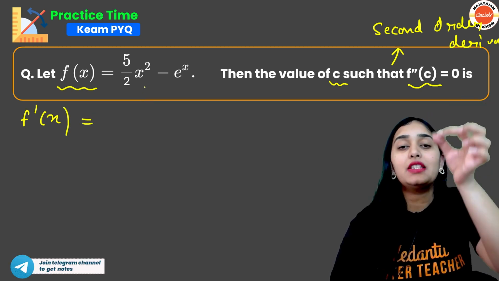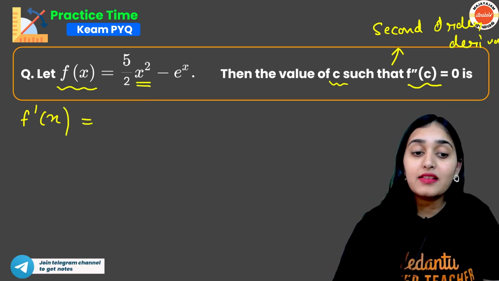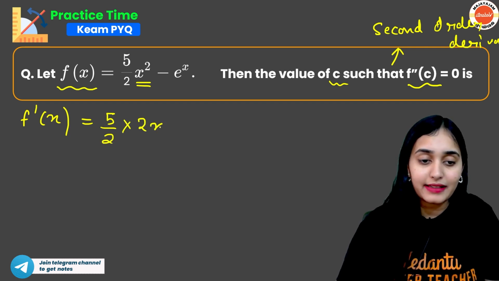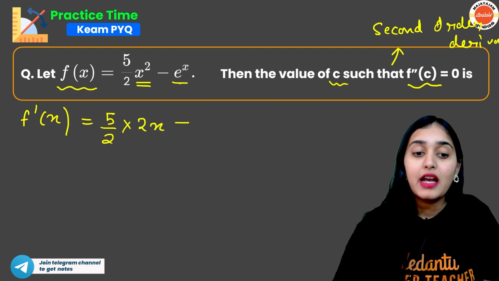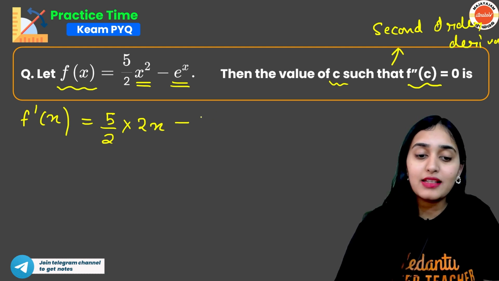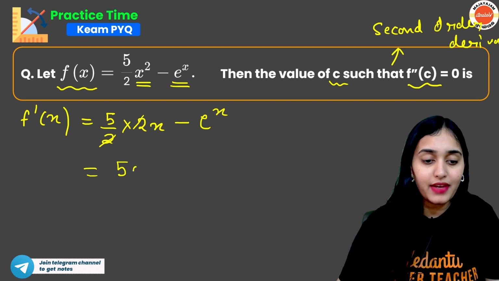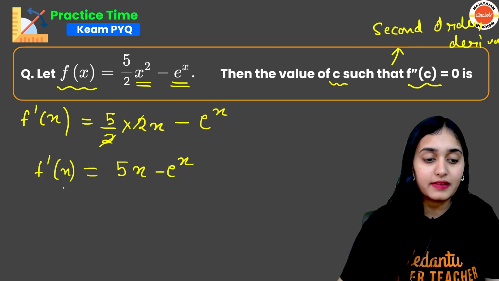Just derive it with respect to x. X square differentiation is 2x, right? Minus e to the power x differentiation is e to the power x. Now 2 cancels, you get 5x minus e to the power x. This is f dash of x.